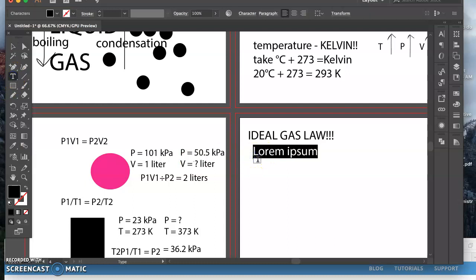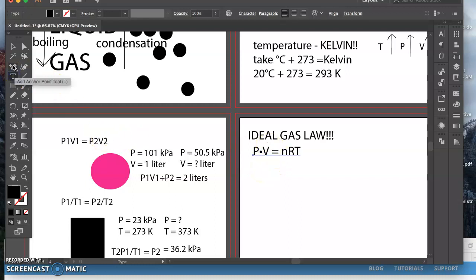Ideal gas law is pressure times the volume, PV, equals little n, which is a number of moles of the gas, times R, which is a gas constant, and then T, which again is in Kelvin.